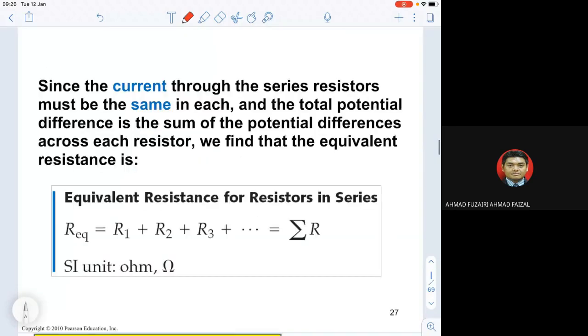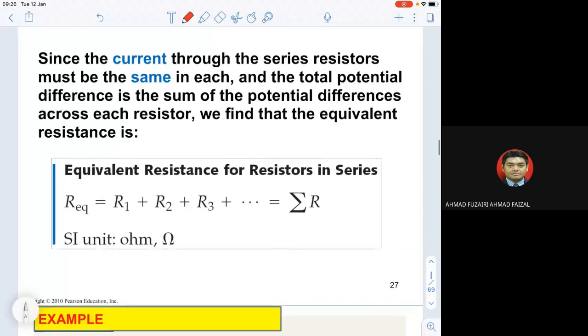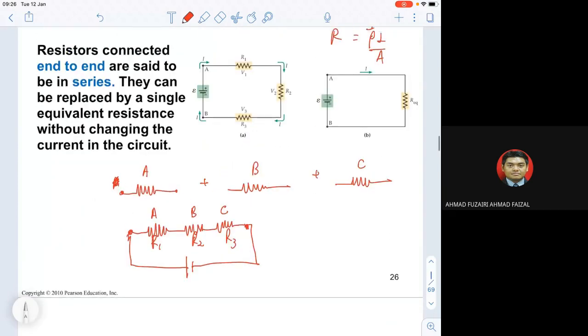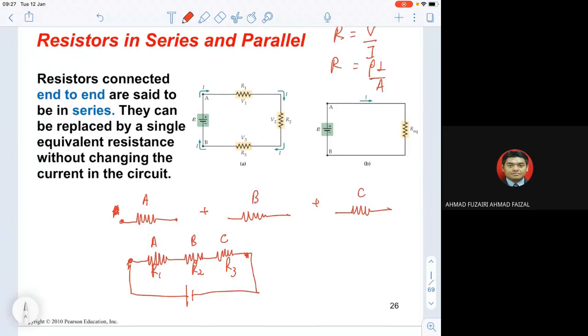Since the current through the series resistors must be the same in each, and the total potential difference is the sum of the potential difference across each resistor, we find that the equivalent resistance is like this. So in series, let me replace one.